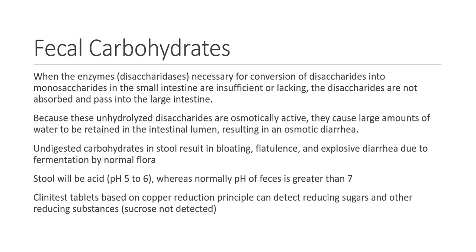The undigested carbohydrates in stool result in bloating, flatulence, and explosive diarrhea due to the fermentation by normal flora. The stool will be acid, pH 5 to 6, whereas normal pH of feces is greater than 7. The Clinitest tablets based on the copper reduction principle can detect reducing sugars and other reducing substances except for sucrose. Sucrose is not detected.